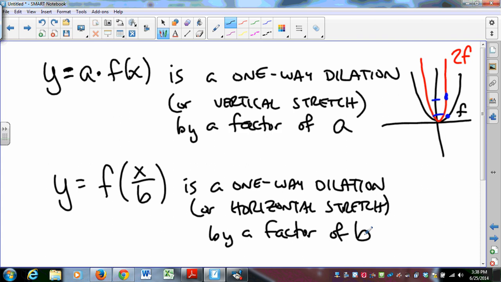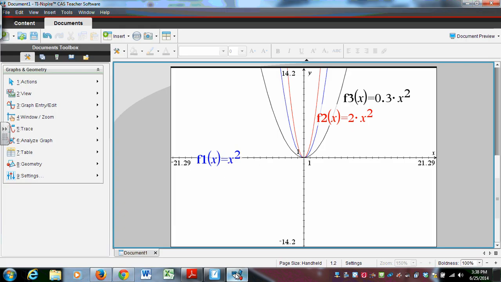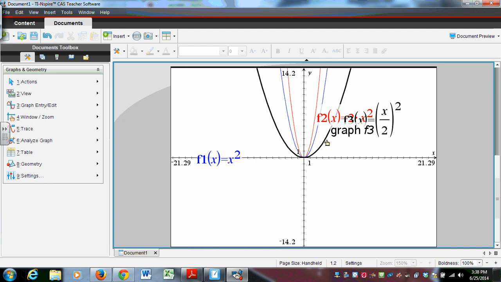And the same reasoning applies. So if I were to come over here and I were to replace the x in x squared with x over 2, I get a graph that has, the blue graph has been stretched out horizontally.